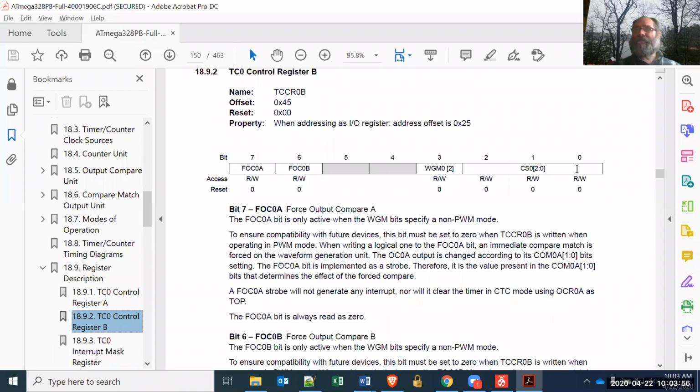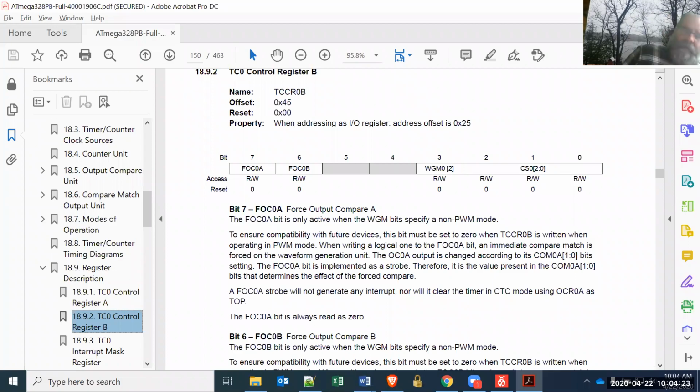Clock scaler. I'm going to do a divide by 64, which is going to give me a frequency of, did I write that down in my notes? I didn't write that down.